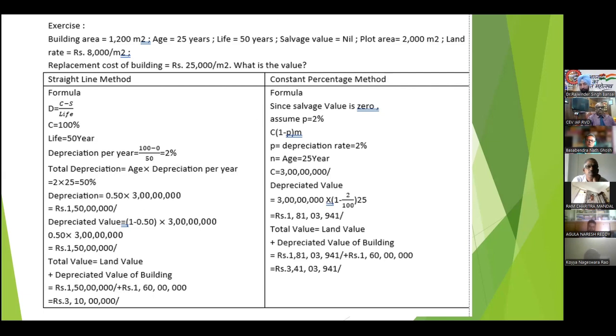Now with the straight line method, you know the formula is original cost minus salvage value divided by life. Here salvage value is 0. So here we are calculating depreciation per year: 100 minus 0 over 50, that is 2% per year.